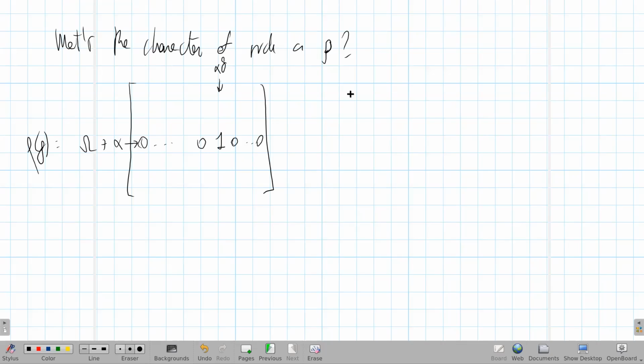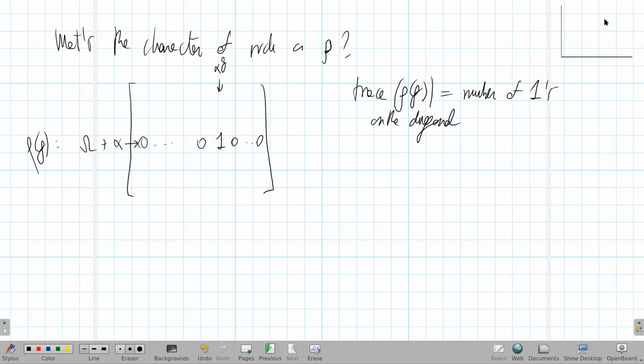Now, what is the trace of rho G? Well, the trace is the sum of the elements on the diagonal, the number of ones on the diagonal. Okay? But when is it the case that we have a one on the diagonal? We have a one on the diagonal when this one in the row labeled by alpha is exactly in the column alpha.